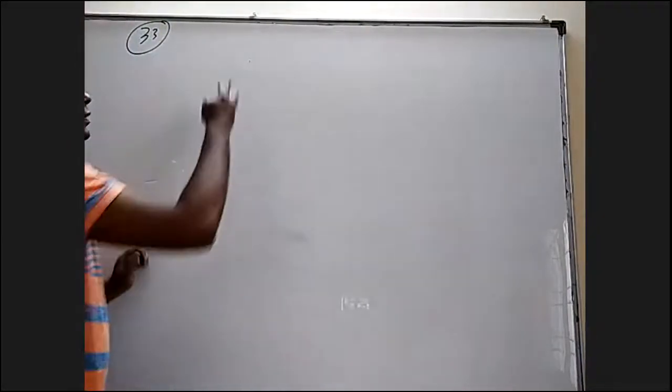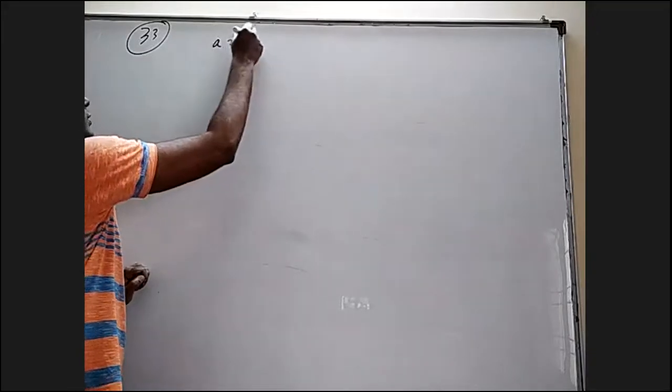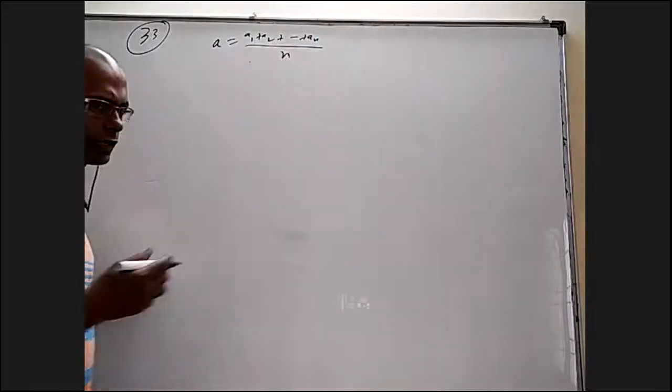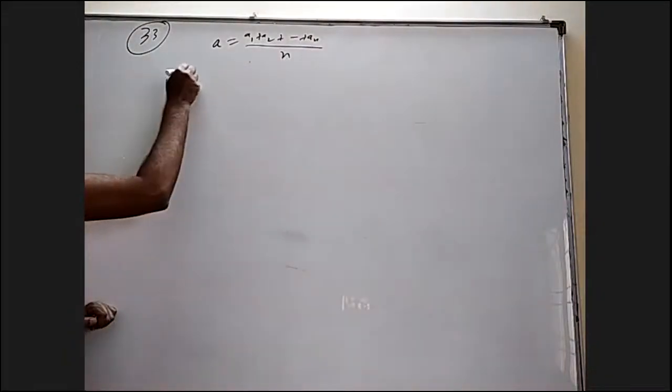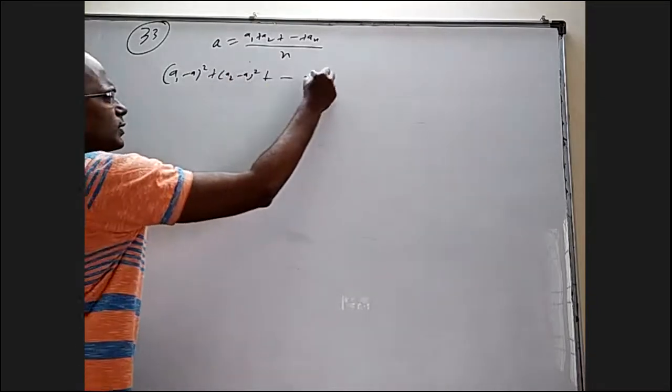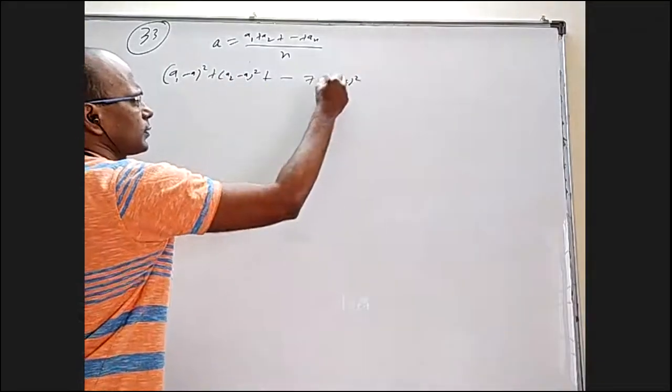Apart from solving, I just want to first of all, A is a1 plus a2 up to an by n, the arithmetic mean of n numbers. They wanted a1 minus a whole square plus a2 minus a whole square plus an minus a whole square. Somewhere it is there.